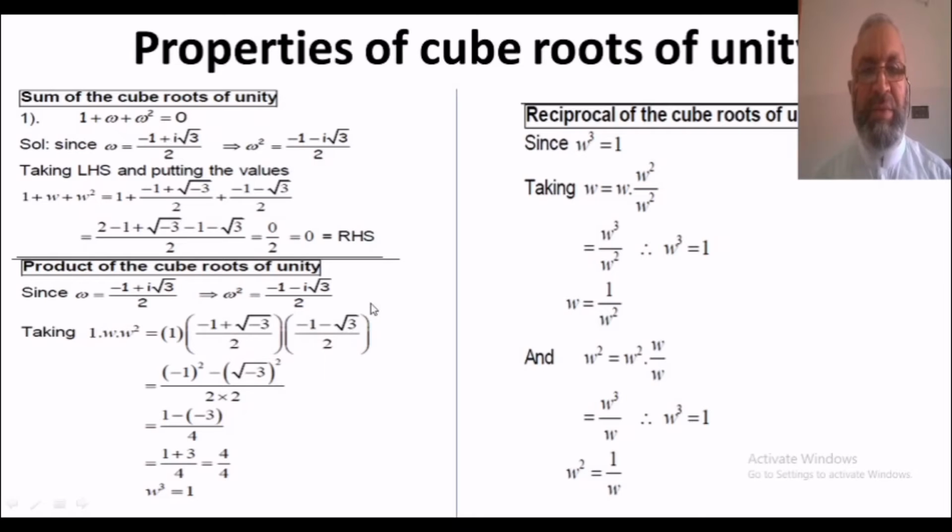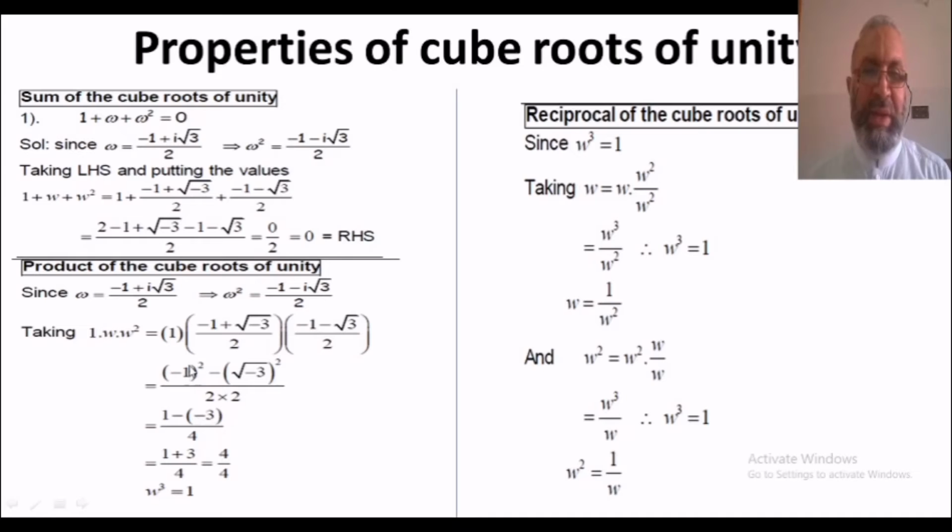So we have the formula (A + B)(A - B) is equal to A square minus B square. Using that formula, this becomes (-1) square minus the square of the second, (i√3) square, divided by 2 multiplied by 2, which becomes 4.